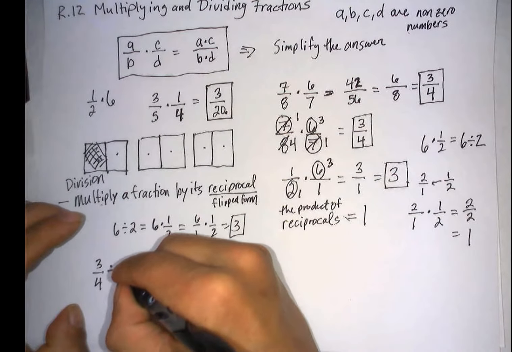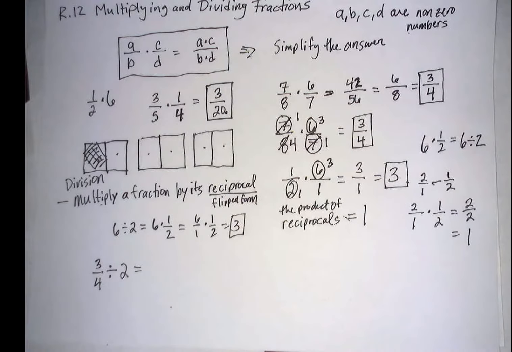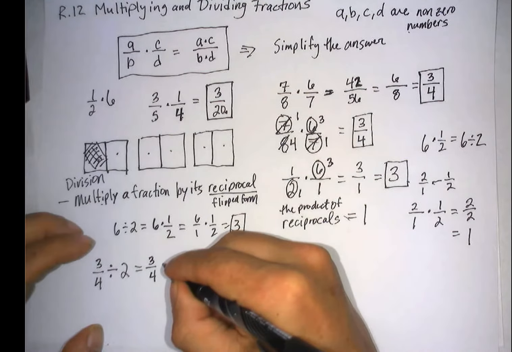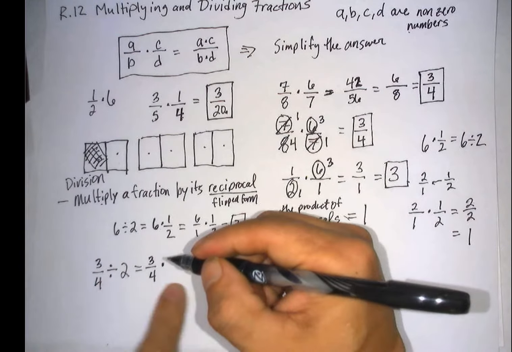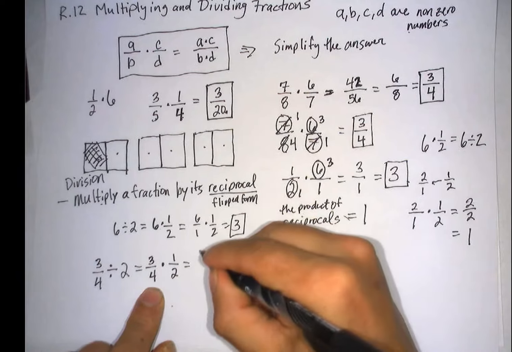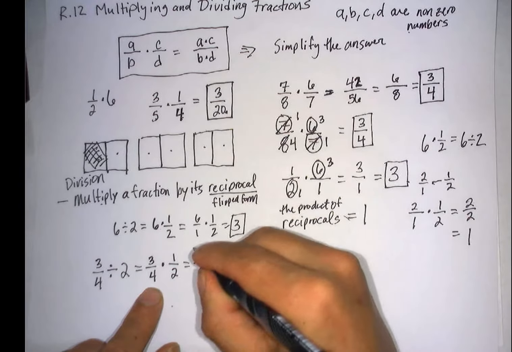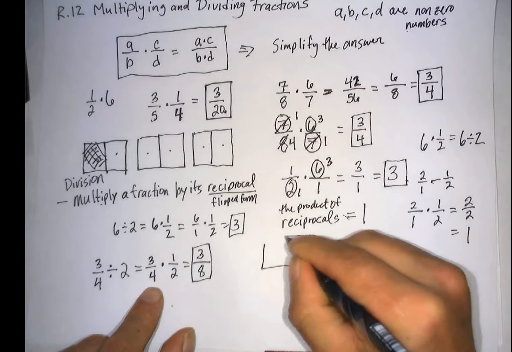So I'm going to divide by 2. The first fraction stays the same, we change divide to multiply, and we multiply by the reciprocal, and then we get 3 times 1 on top and 4 times 2 on the bottom, which is 3/8. You can see here that half of 3/4 is 3/8.